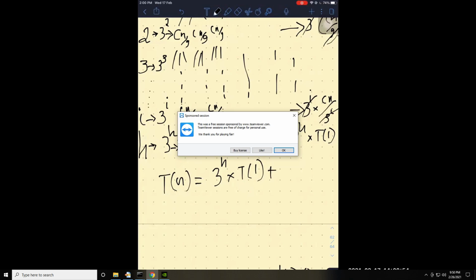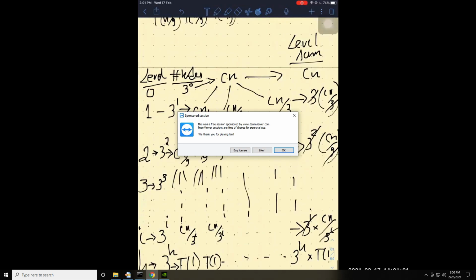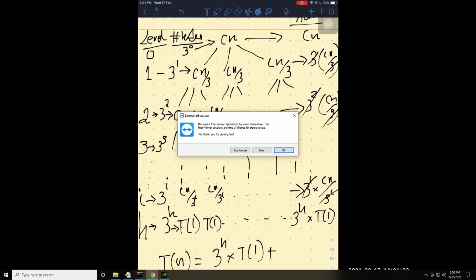Okay, so for the last level, we have 3 to the power h times T of 1. Then for all the higher levels, we can summarize them as the summation, i equals 0 to h minus 1, of c of n. As we will stop the level before h, we cannot remove 3 to the power h for the last level only.